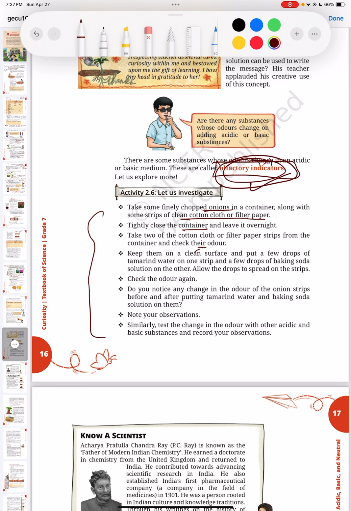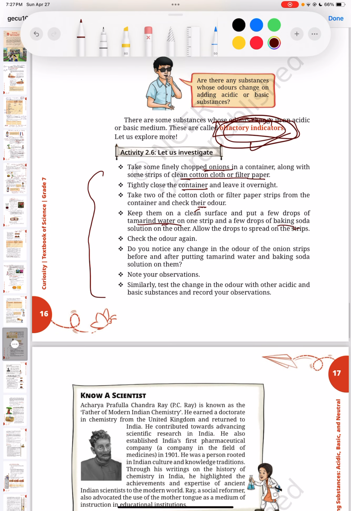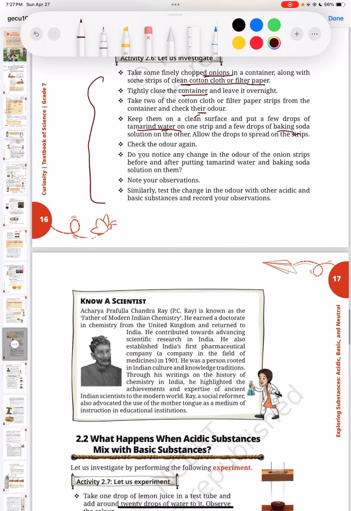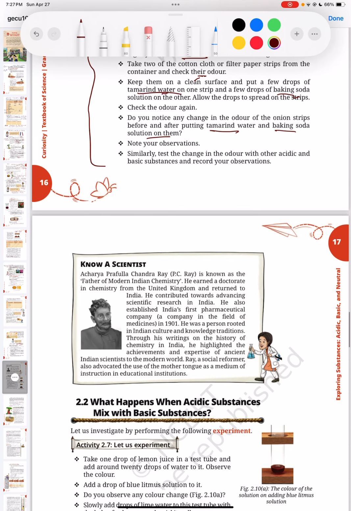Now you can put a few drops of tamarind water on one strip and baking soda on another, and what you will observe is that with tamarind water the smell of that strip is different from when you put baking soda on it. All right. So this we have to check out: what happens when you put the tamarind water, and what happens when you put the baking soda. They have to check that and let you know.